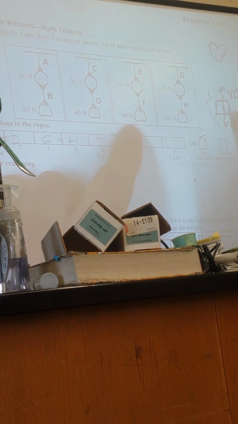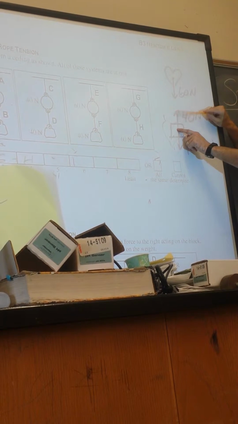Right. Okay. So now let's look at the top one at E. What's the downward force there? Correct. You've got a force of gravity of 60 newtons, but if there's this tension here in this string of 40 newtons, it must be pulling down with an additional 40 newtons of force.